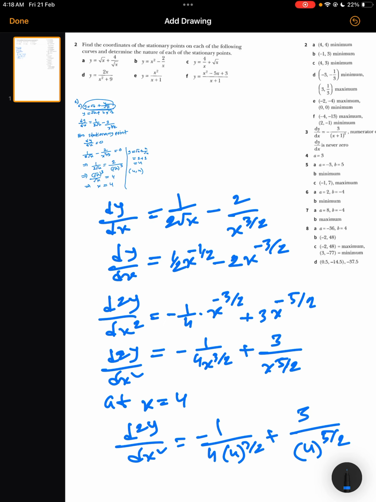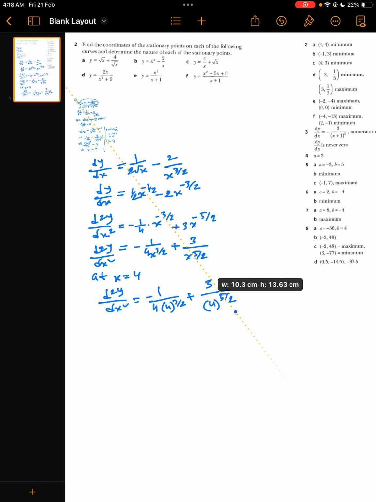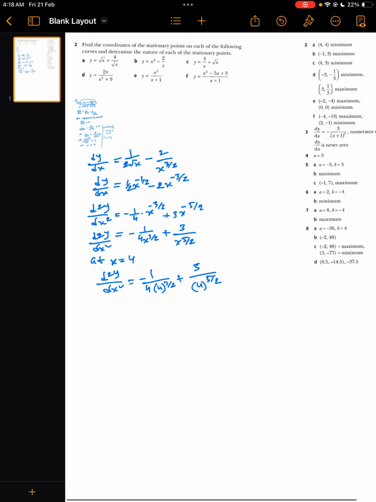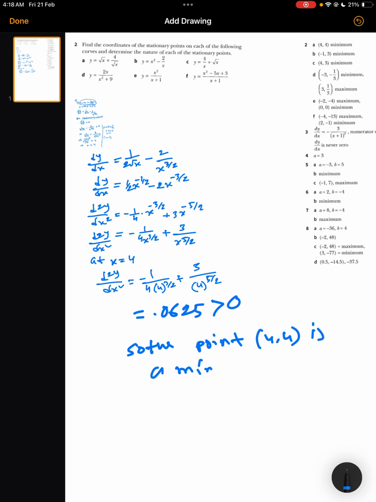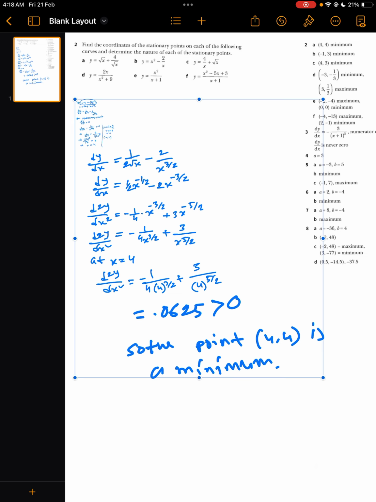Okay, so it's a positive value, so it's a minimum. It will have 0.0625, which is greater than 0. So the point (4, 4) is a minimum.